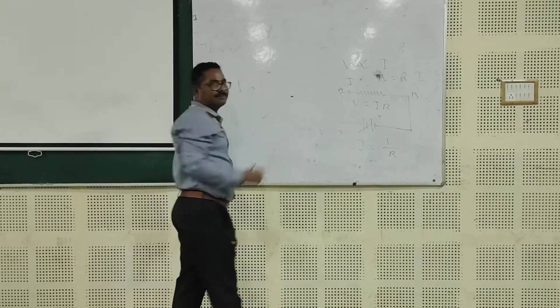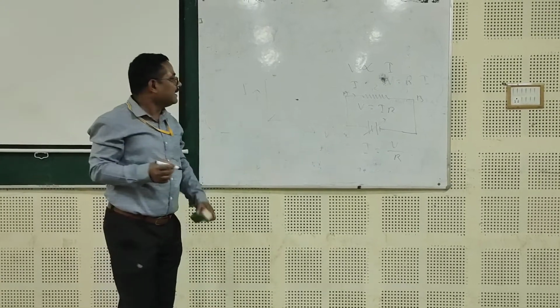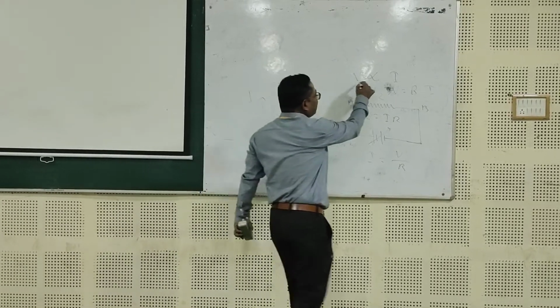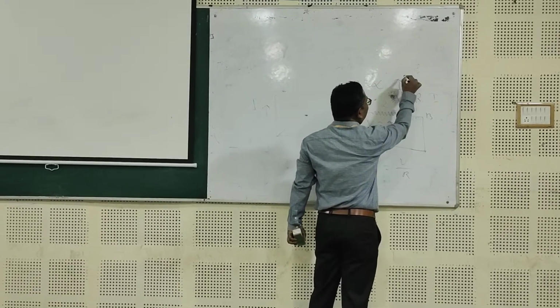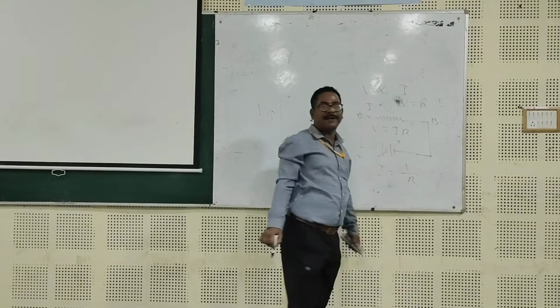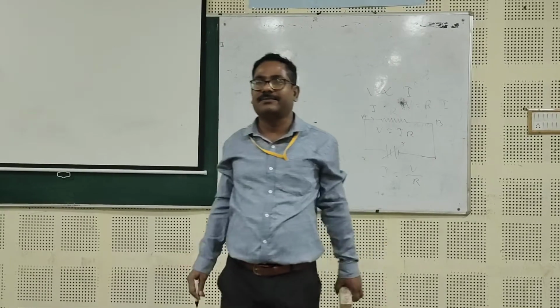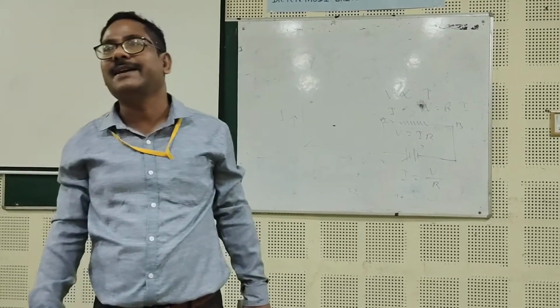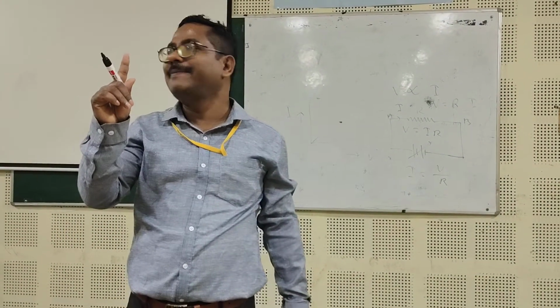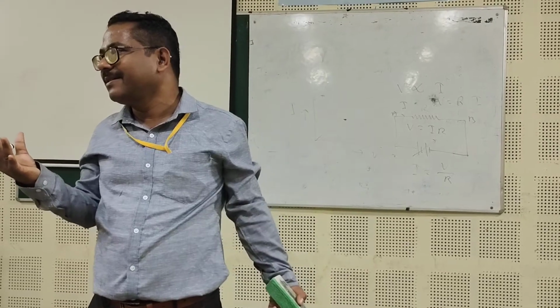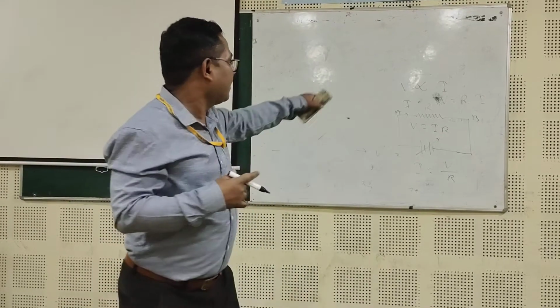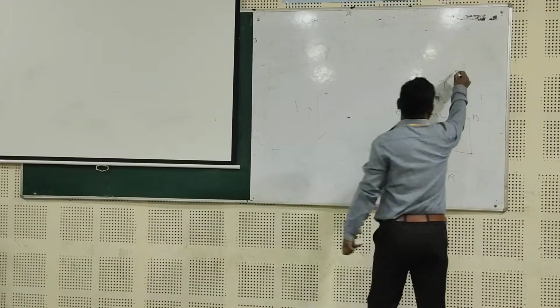In this case V is proportional to I to the power k, where k has some value. It is not 1; if it is 1, then it is linear. It can be a fraction also, it can be anything.